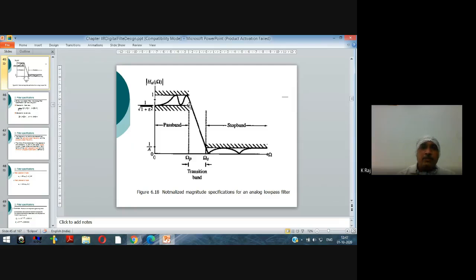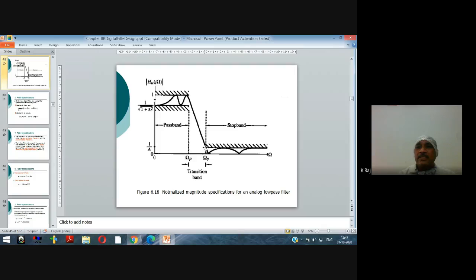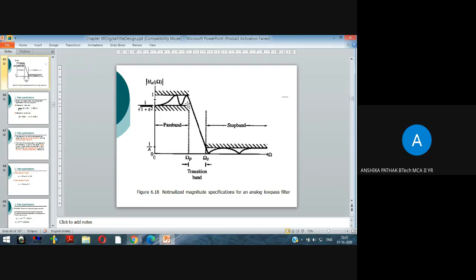This is the end point of the passband. And this is omega s, where the stopband starts. So this is the frequency from where the stopband starts, and this is the frequency where the passband ends. This is the meaning of that description. Okay, sir, thank you, sir.